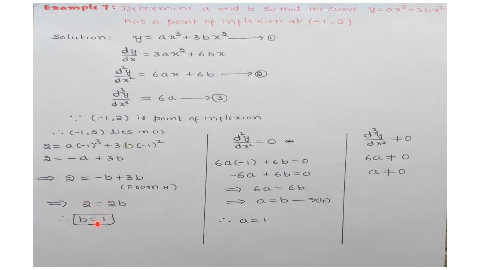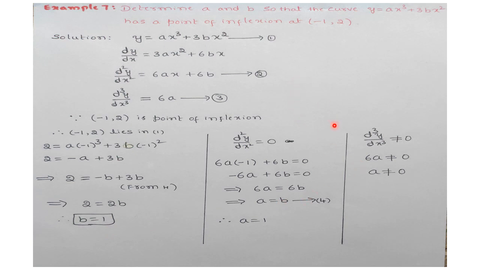Therefore, 2 gets cancelled, b is 1. Equation 4 says a = b. Here we get b = 1. Therefore, a is also 1, isn't it? By this equation, a is also 1. Therefore, a = 1 and b = 1.